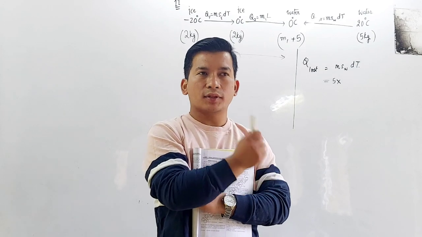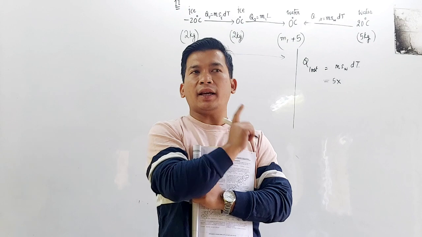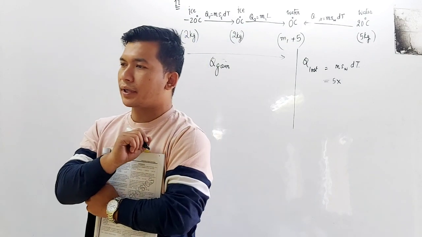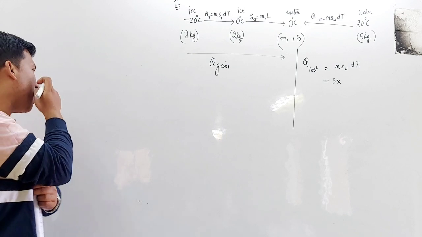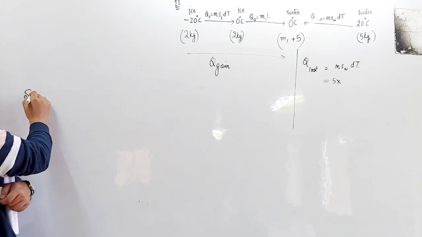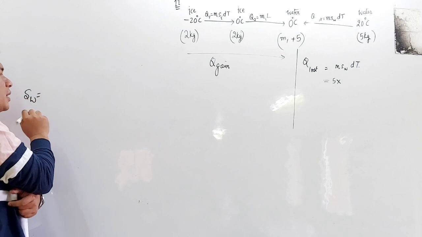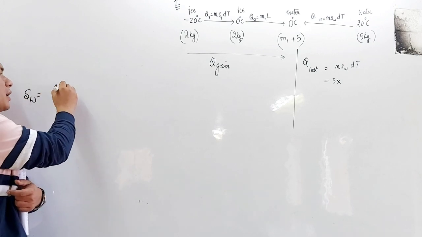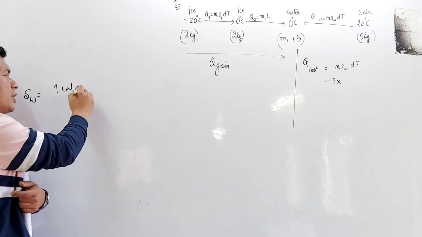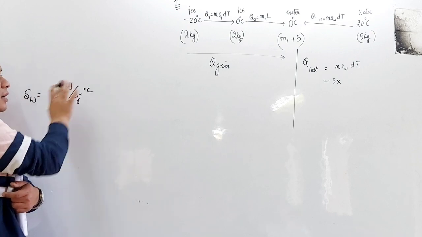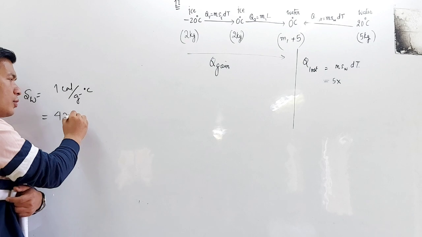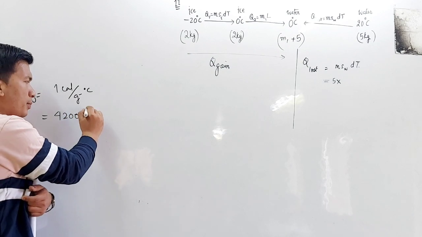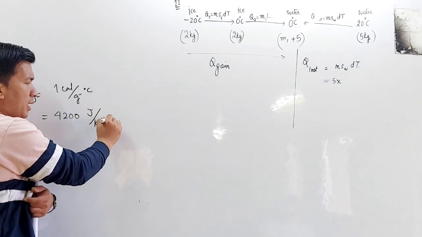It is 4200, and you should remember at least these two very important values for your thermodynamics chapter. The specific heat of water in CGS units is 1 calorie per gram per degree Celsius, which in standard unit is equivalent to 4200 joule per kg per Kelvin.